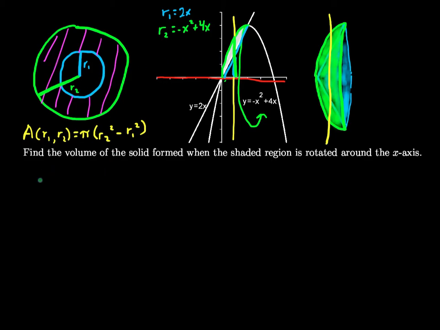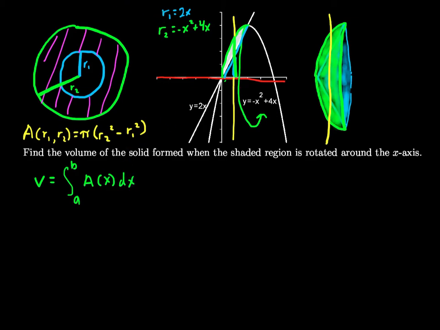So we need to figure out the volume, and the volume is going to be equal to the integral from start to stop, let me put a and b, of the areas with respect to x in this case, because we're going across this way.